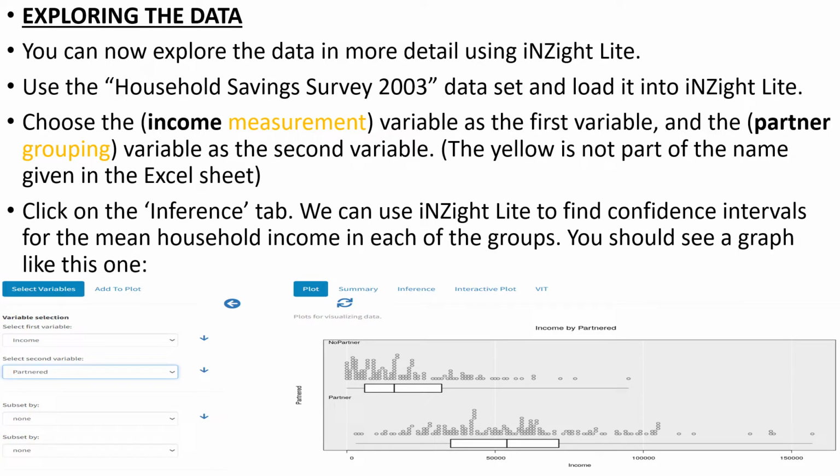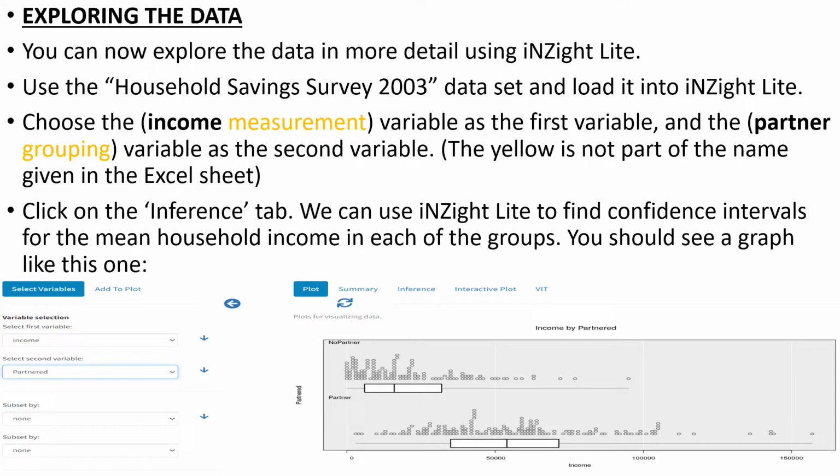Exploring the data. You can now explore the data in more detail using Insight Lite. Use the Household Savings Survey of 2003 data set and load it into Insight Lite. Then choose the income variable as the first variable and the partner variable as the second variable.